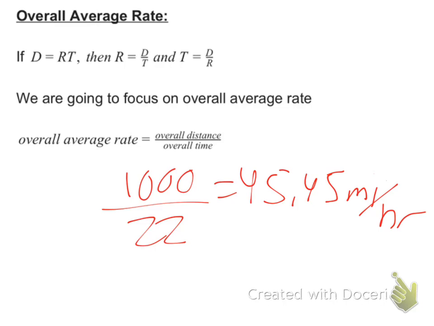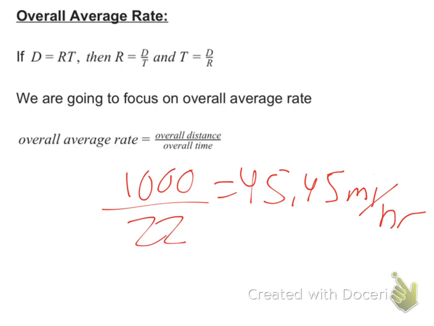Does that mean I strictly stuck to 45 miles per hour from the time I jumped in my car to the time I stopped? No. That means sometimes I was probably going faster than that. Sometimes I was going slower than that. Sometimes I wasn't moving at all because I was at a restaurant eating, right? But it's my total distance divided by my total time.